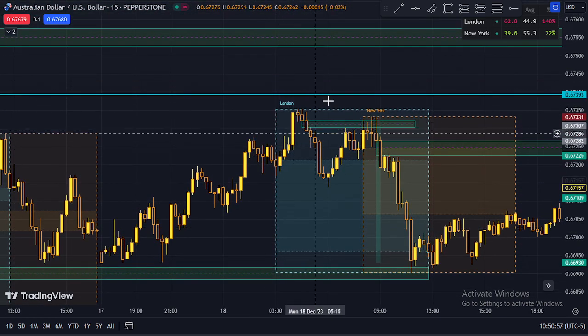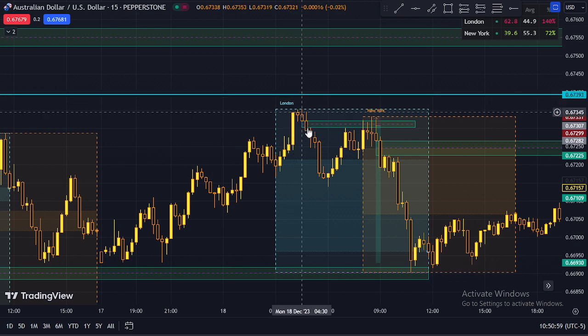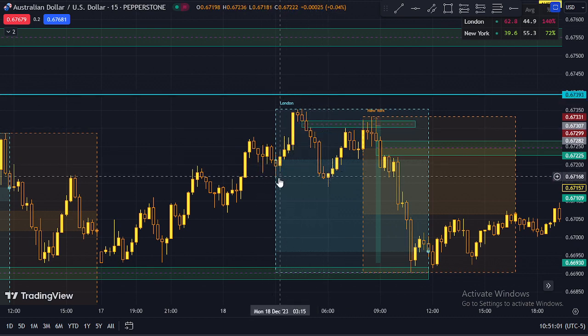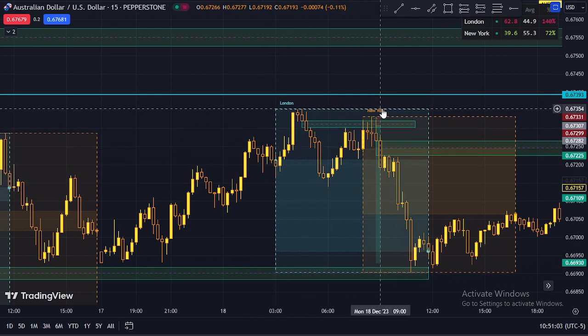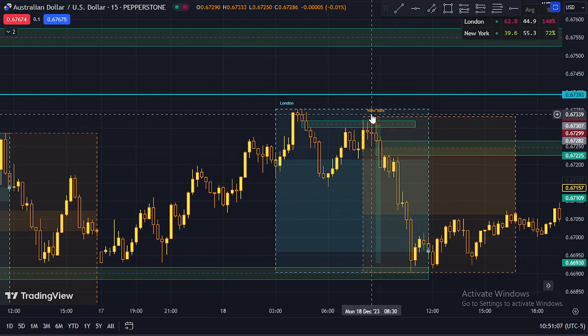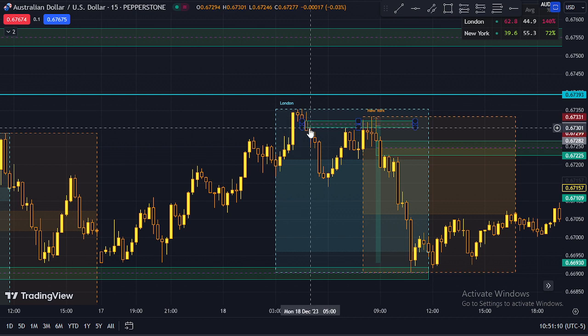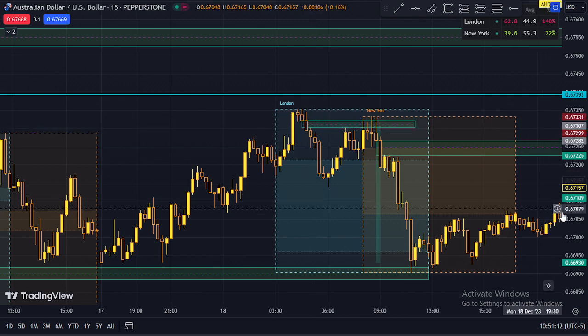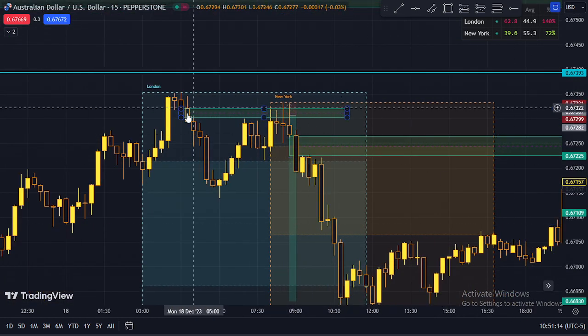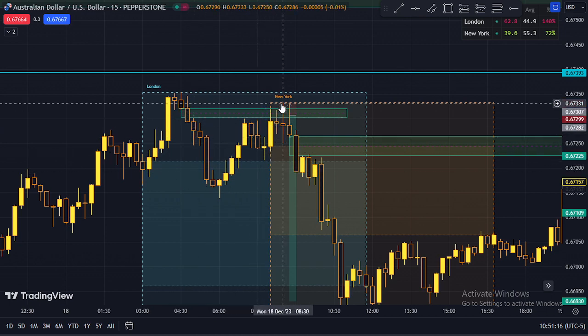So while we were up here, we had a run to these lows, and then during New York Open, we had a run higher again inside these inefficiency, as you can see. So we have an inefficiency right there, this one. So we had that run at around 8, which is in between the silver bullet window of time.